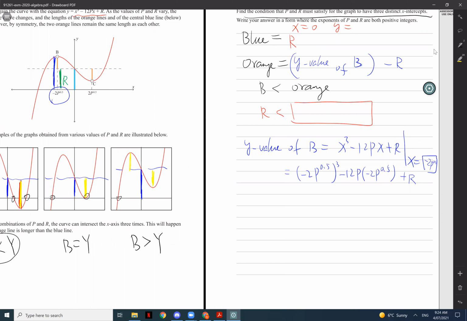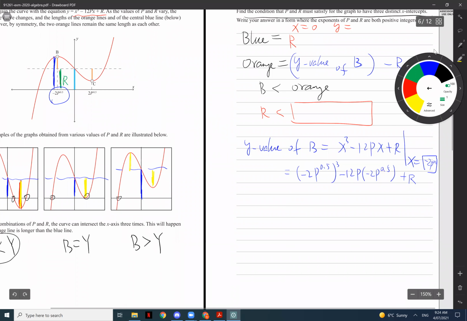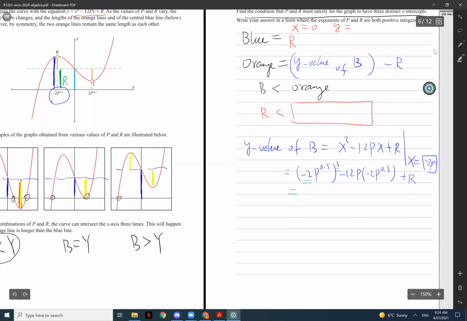Simplify. Camellia, what's 2 to the power of 3? 8. Good. 2 to the power of 1.5. Good.